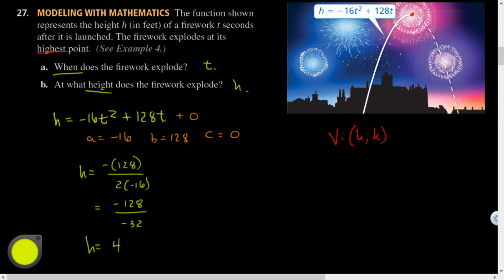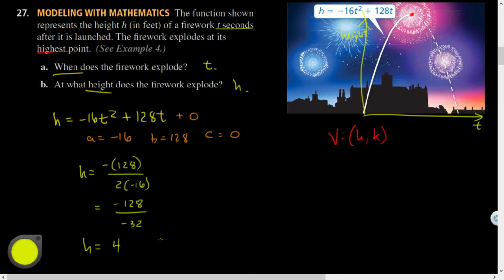So I get h equals 4 for the vertex, but what does the x-axis represent? It represents time, right? And the y-axis represents the height. So this is for when does the firework explode? It is t seconds afterwards.